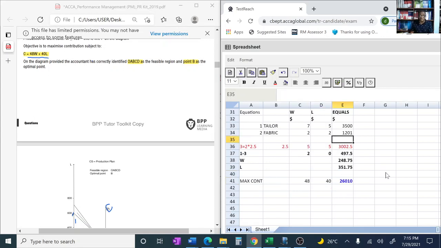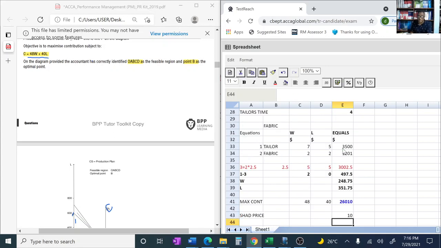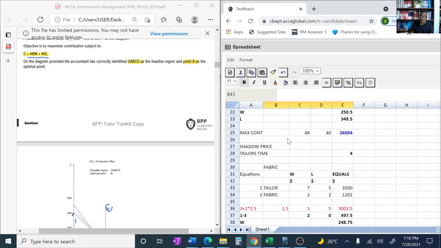Oh, what a beautiful thing spreadsheet is. Immediately, I have the maximum contribution to be earned at that point. So shadow price, again, will be the difference in contribution. Don't forget, it's the original one, which is this one. And I have 10. Very beautiful. So 4 and 10.